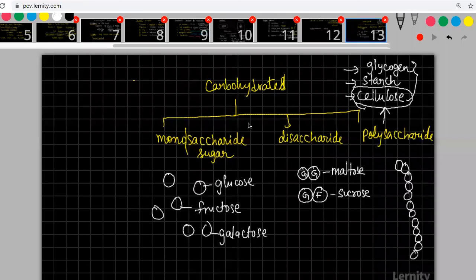Ma Usha Nandini, which slide do you want?